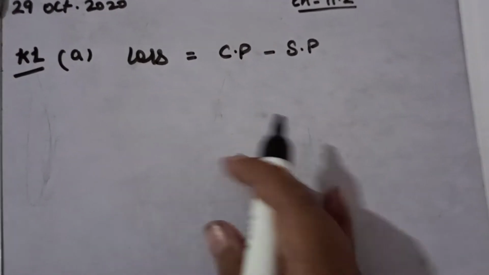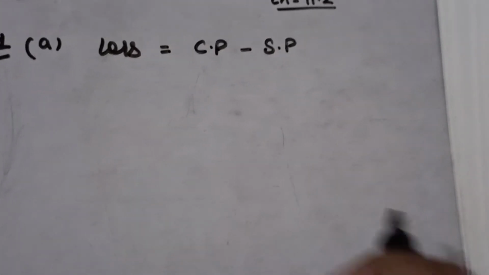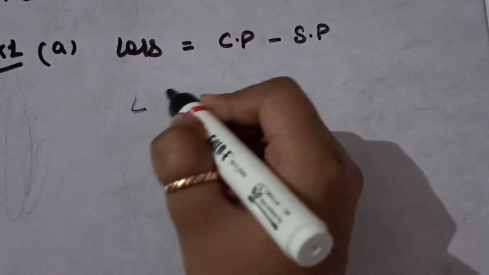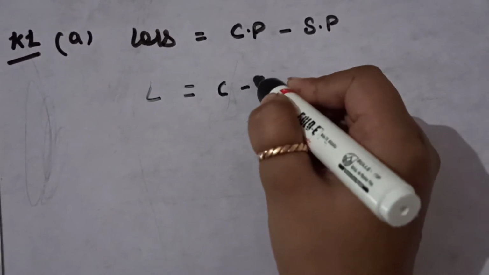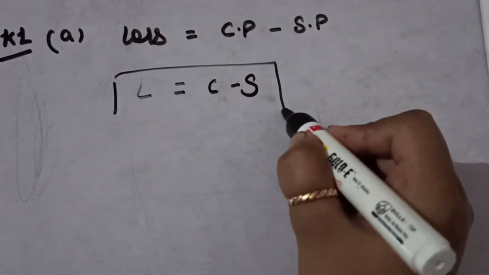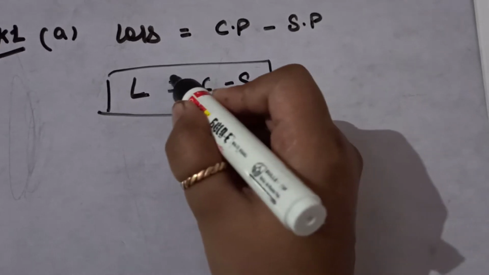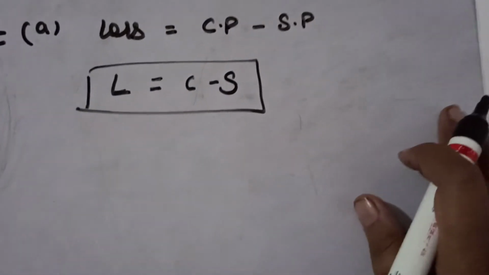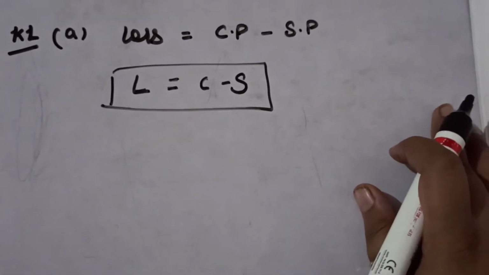And we have to write it with the variables, so it is L equals C minus S. These variables contain some value.